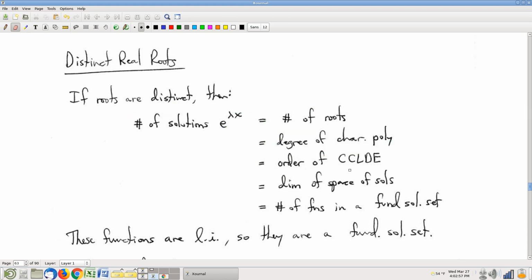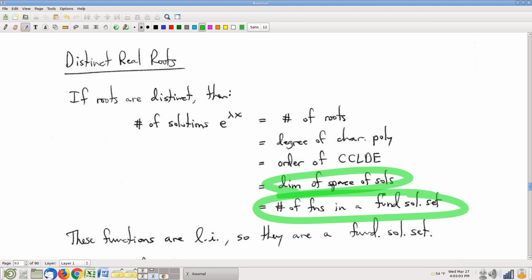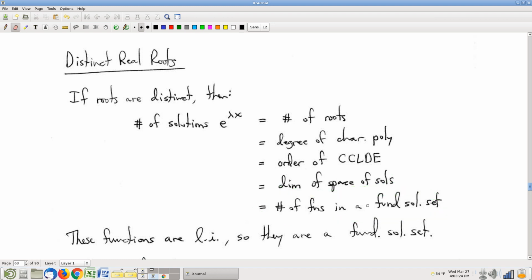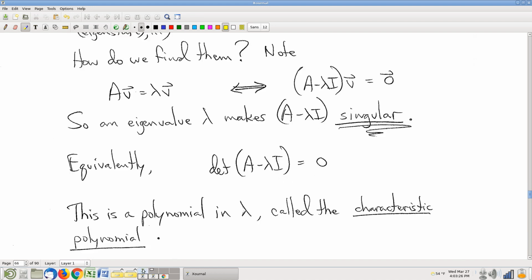And because of theorems that we have, the number of solutions that you need is always the same as that too. So everything just fits. Everything's perfect. If you have an nth order equation, then all your other counts are also n. How many solutions are you going to find? What's the degree of your polynomial? How many roots did you get? What's the dimension of the thing you're looking for? All of those are also n. Wonderfully happy coincidences.